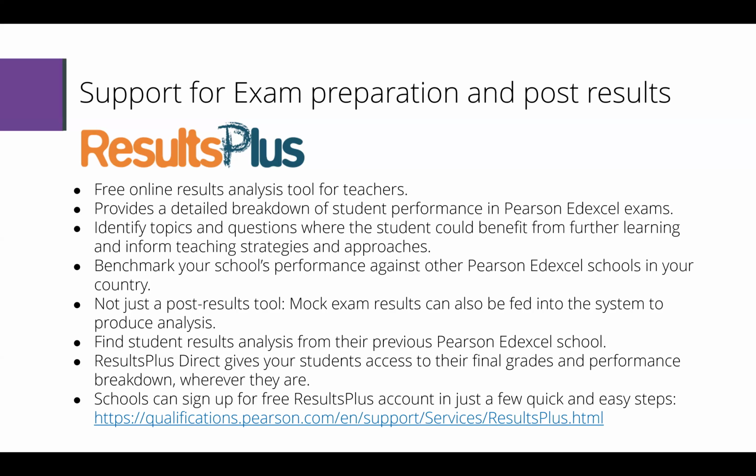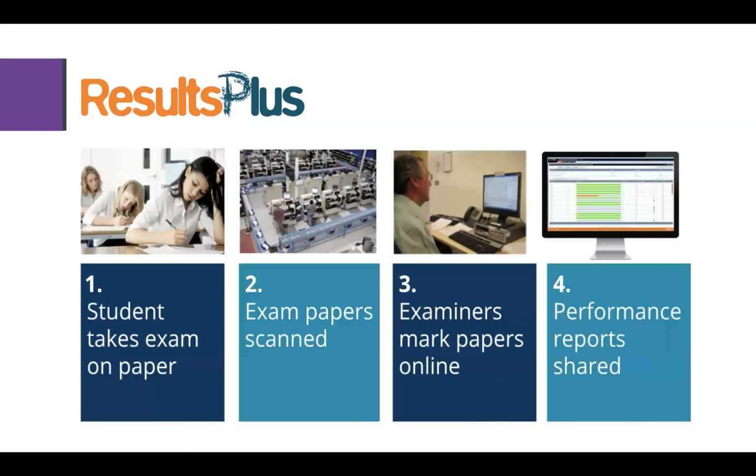So this is a bit of information about Results Plus, and as I said, it's very easy to gain access to it. Schools can sign up, and it is usually done via the exam secretary. So have a look at that. And there you can see, and this comes up very quickly when the results come out, and you can decide whether you think it's worthwhile having a remark or whatever.